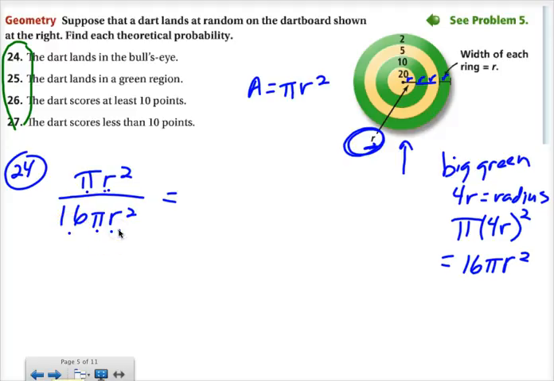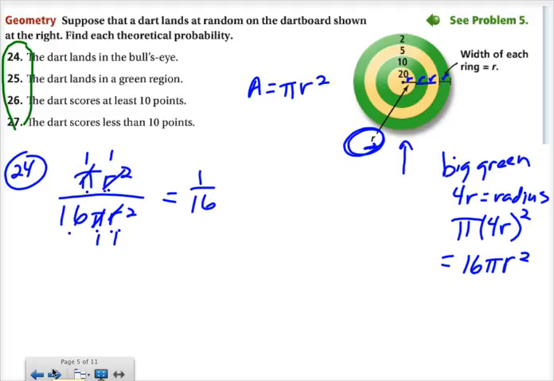Well, that's all multiplication, and we can cancel. Canceling is a form of division. So we're going to be able to take out the pi's, we're going to be able to take out the r squareds, and remember, in those positions you always put a 1. Anything that you've canceled means you've divided it out and it's a 1. So all we're really left with is 1/16th, and that is the answer to number 24, 1/16.